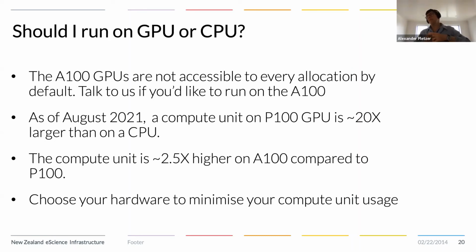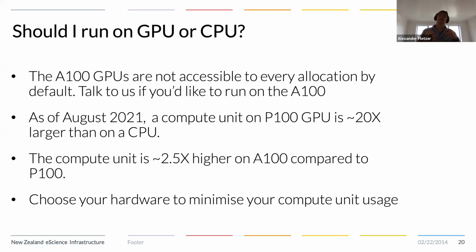We have compute units, and at this point the P100 is about 20 times more costly than a single physical CPU core. So you want to get a speed up of 20x or more to make it worth it. Now, the A100 would potentially give you even more than that, and the A100 costs about 2.5 times more. So that's sort of the determining factor.